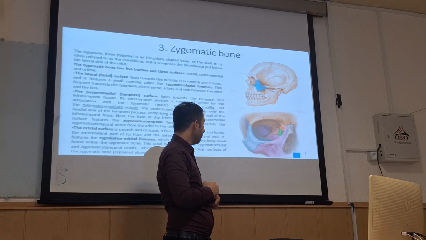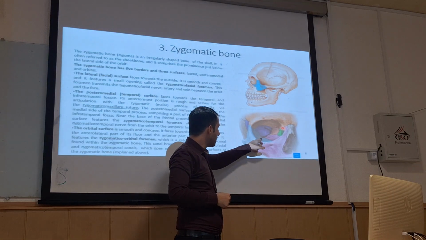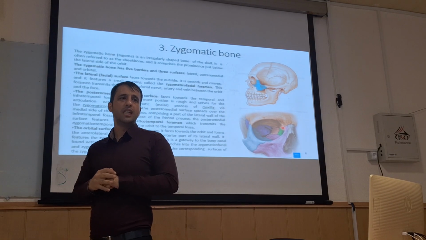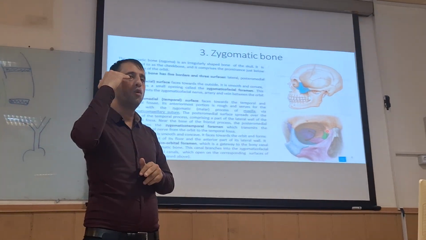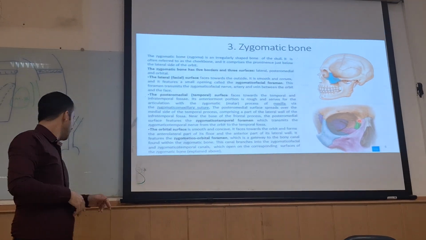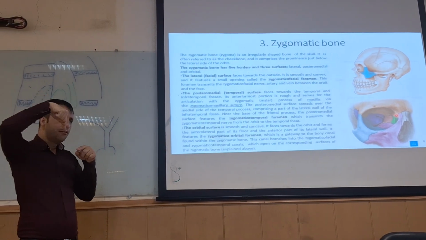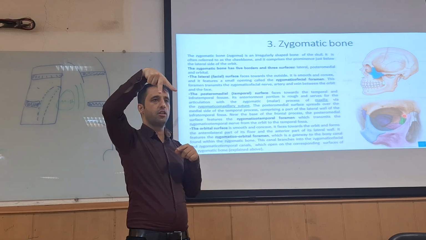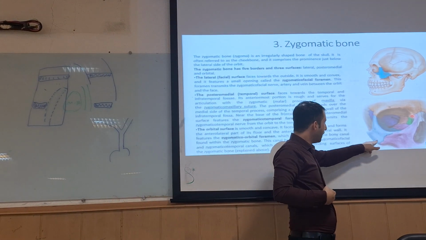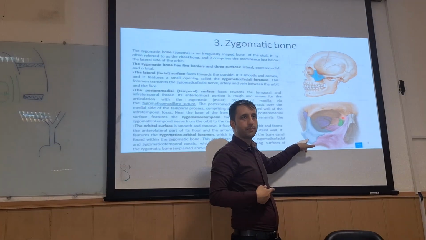At the orbital surface, at this area, we have a small foramen, which is named the zygomatico-orbital foramen. The zygomatico-orbital foramen is like a canal that travels inferiorly and makes two branches. One branch inserts here and emerges at the zygomatico-facial foramen.